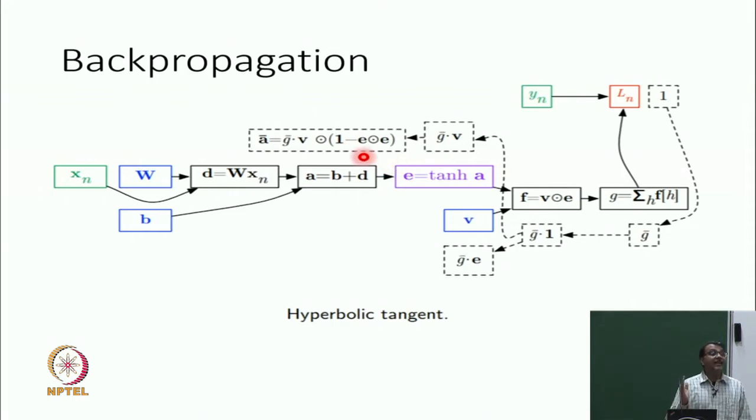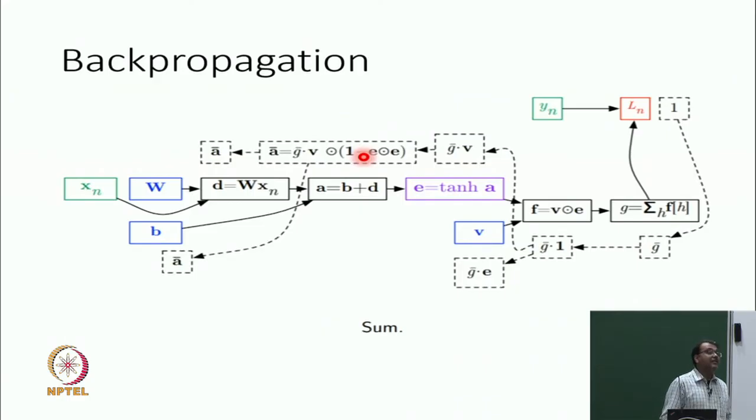Now I have computed a bar. a is equal to b plus d. So the derivative of a with respect to b will be 1, and the derivative of a with respect to d would be 1. So therefore, d bar will be a bar, and b bar will also be a bar.